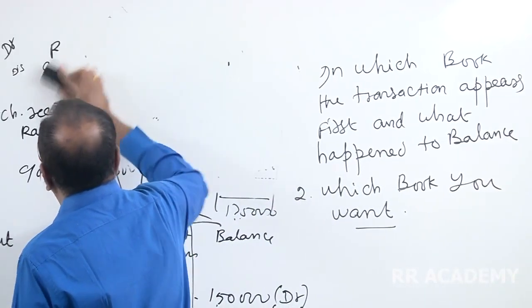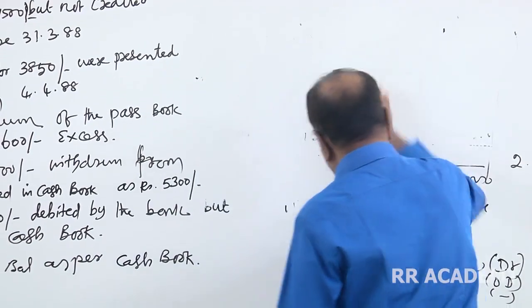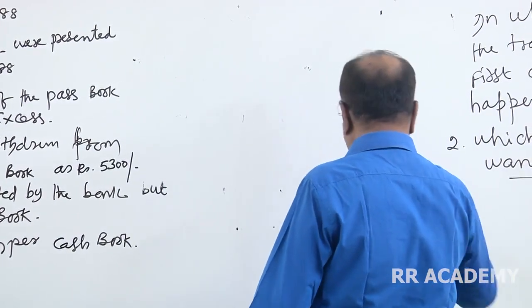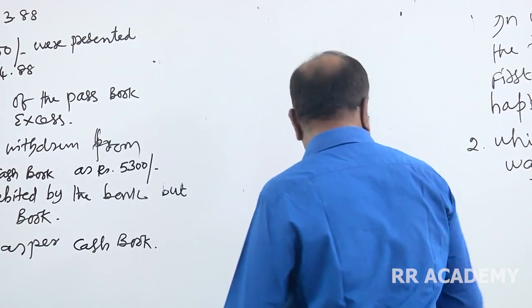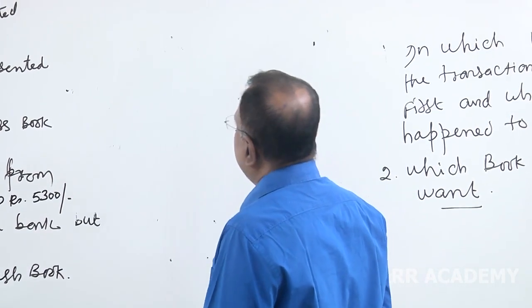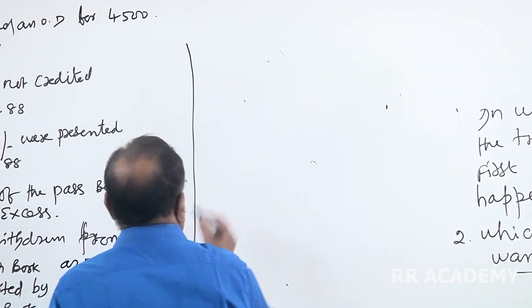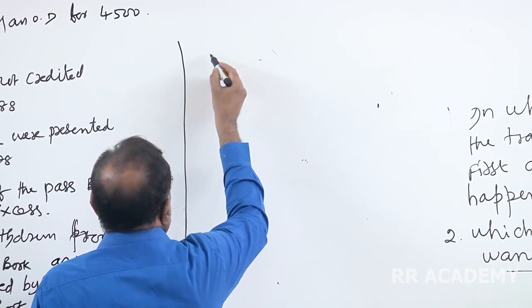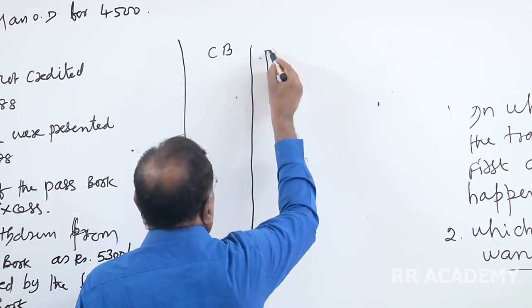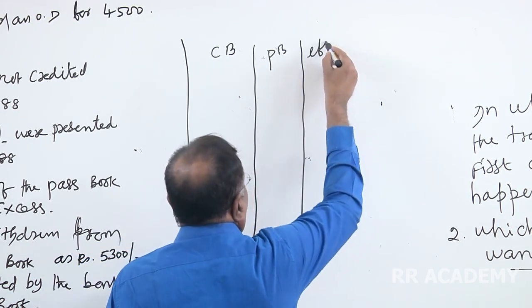Same methodology we are going to use. Yesterday's methodology we are going to use by using our hands, left hand side cash book, right hand side passbook. Now, cash book, passbook, effect.